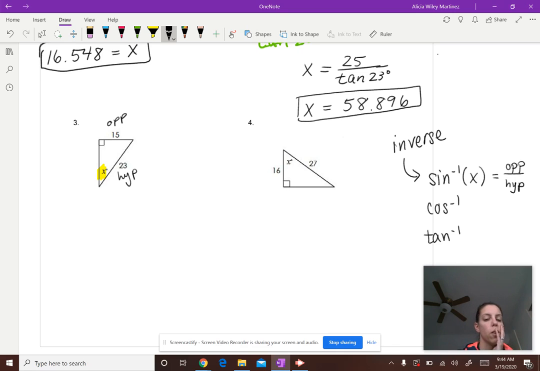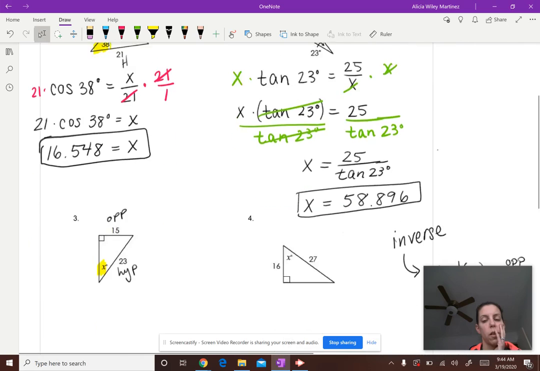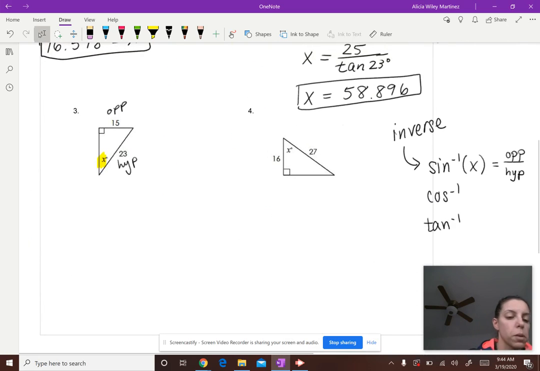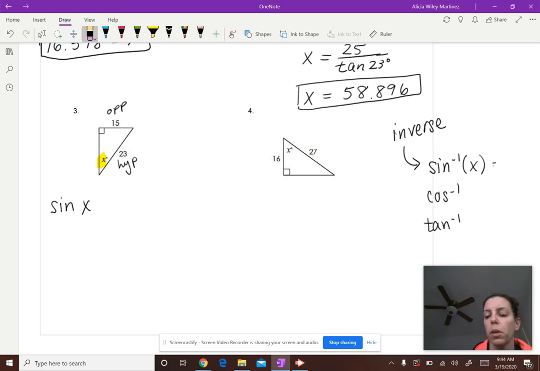Opposite over hypotenuse, if you go back up to SOHCAHTOA, is sine, right? So I'm going to set this up using sine. So it's going to be sine of x. I kind of wrote this wrong over here, so let me erase that because it's not really correct, but that's the idea with it.